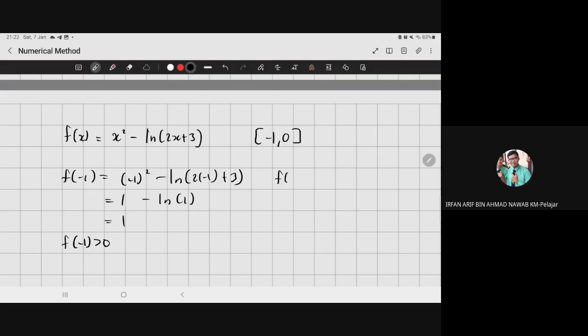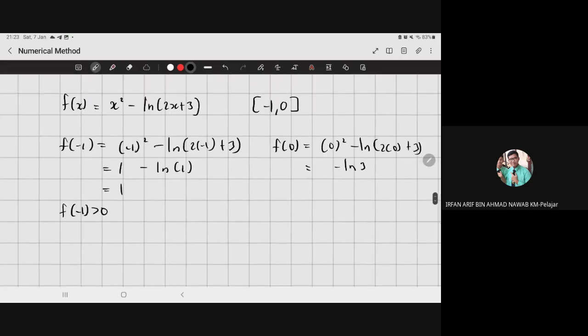So f of 0 is equal to 0 to the power 2 minus ln of 2 times 0 plus 3. As you can see, negative ln 3 indicates that the value of f of 0 is less than 0, meaning it's a negative value. So from here, how do we conclude?